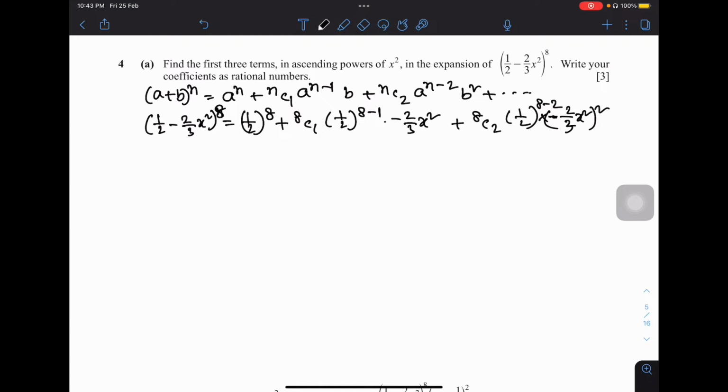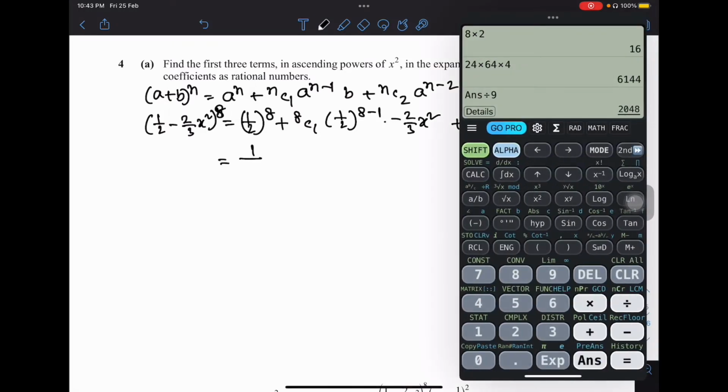So if I simplify, 1 by 2 to the power 8, 1 to the power 8 is 1, 2 to the power 8, if I use a calculator, is 256, and then minus 8C1, that is 8 into 2 to the power 7 is 128, that means 1 by 128 into 2 by 3 x squared.